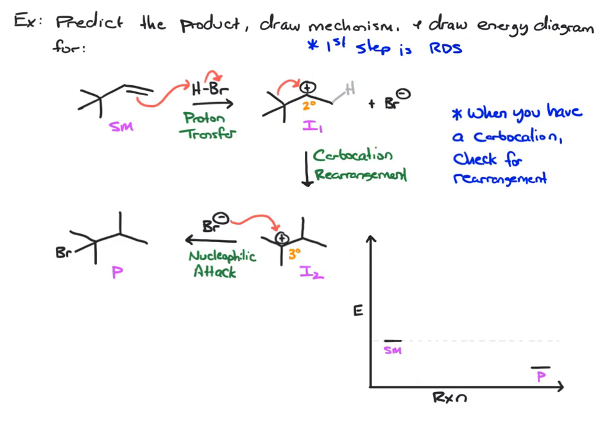So let's put in intermediate 1 somewhere above that line. Intermediate 1 comes after the starting material. I'll put it right here. And then we need to put in intermediate 2. You have the knowledge to know where to put it relative to the other things. It should definitely be above this line, but intermediate 2 is more stable than intermediate 1.